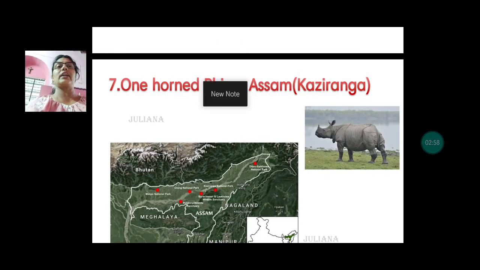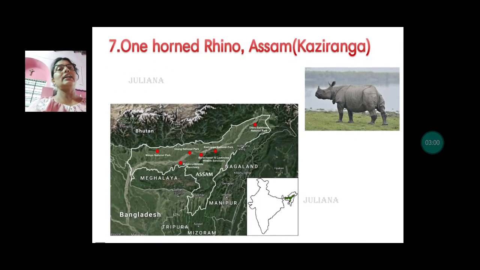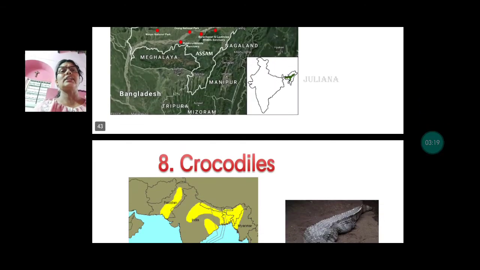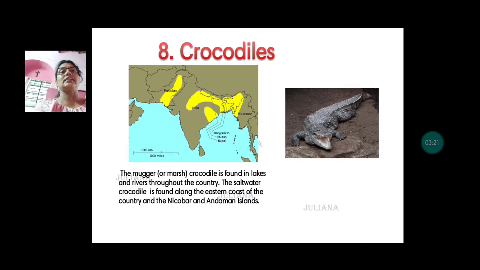The moment you get one-horned rhinoceros, remember Assam, especially the Kaziranga National Park. So you can color the whole of Assam or you can color part of Assam. Okay, it's not possible to draw the one-horned rhino in the map. Okay, if you're a good artist, yes, you can draw, because art also is part of our geography. Okay, so Kaziranga National Park in Assam.